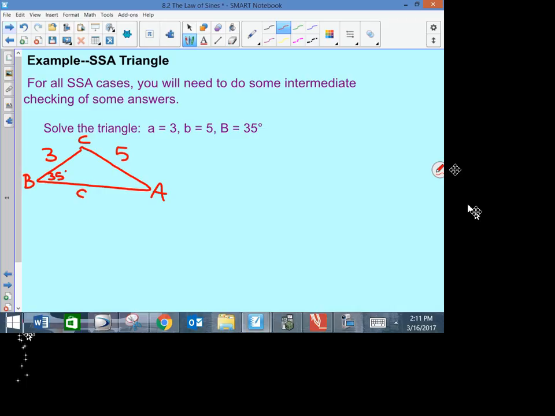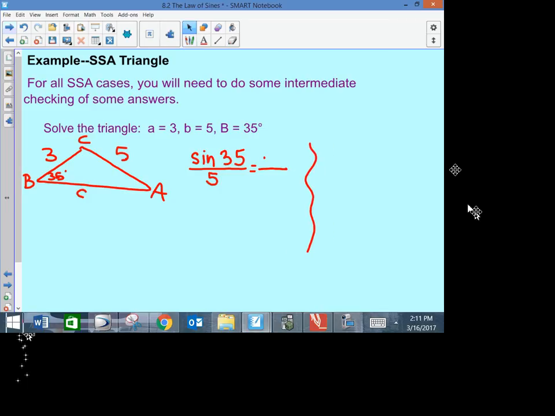All right. We do have an angle and a side across from it, so we can use the law of sines. All right. Rachel, give me a proportion that I can use. Take sines of angles. Sine 35 over 5 equals sine big A over 3.